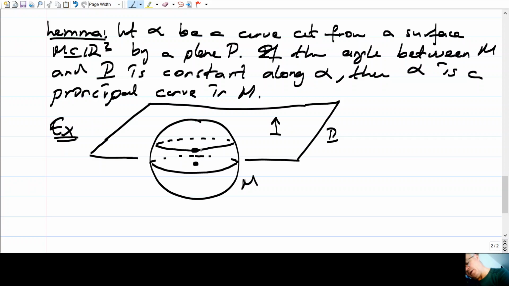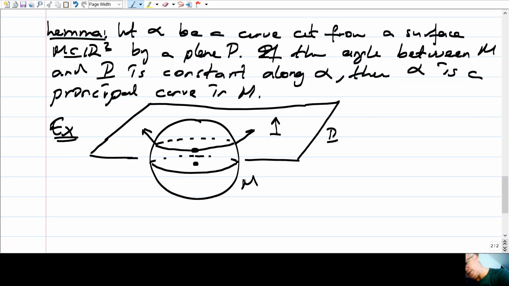The normal direction to the sphere at this point is like this.